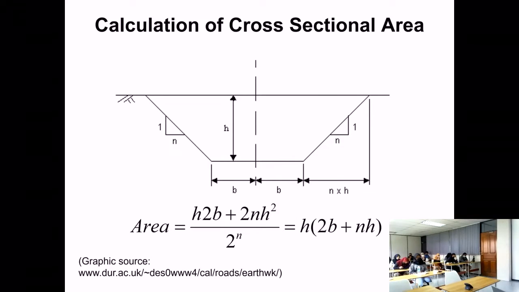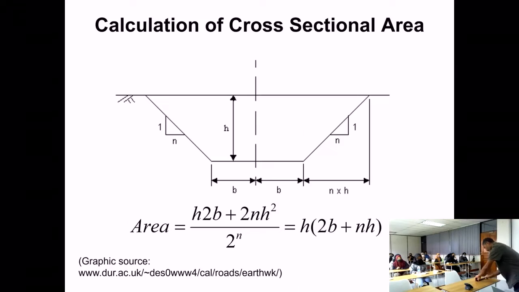This cross-section area, this is cut, right? We need to calculate this area. Let's say this chainage 0, starting of the project. Oh, it cannot be 0 lah. Somewhere in the middle. 0 meaning probably you have no cut, start from 0.